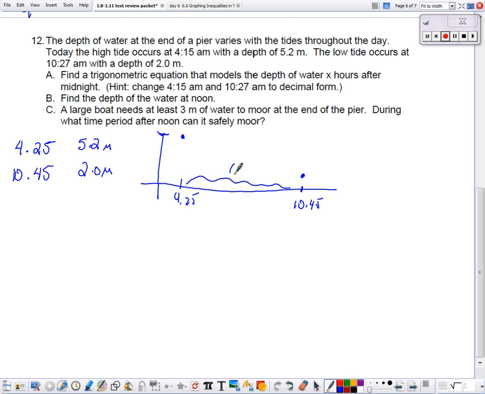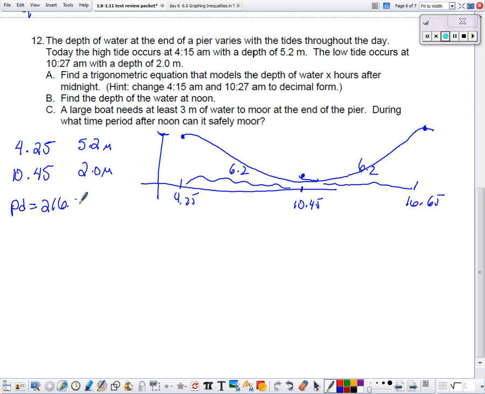This is a length of 6.2. So if I go 6.2 out to the right, I get to 16.65, and that's when I'll be back at high tide. So a quick sketch of my graph. So I know my period is twice of 6.2, which is 12.4.